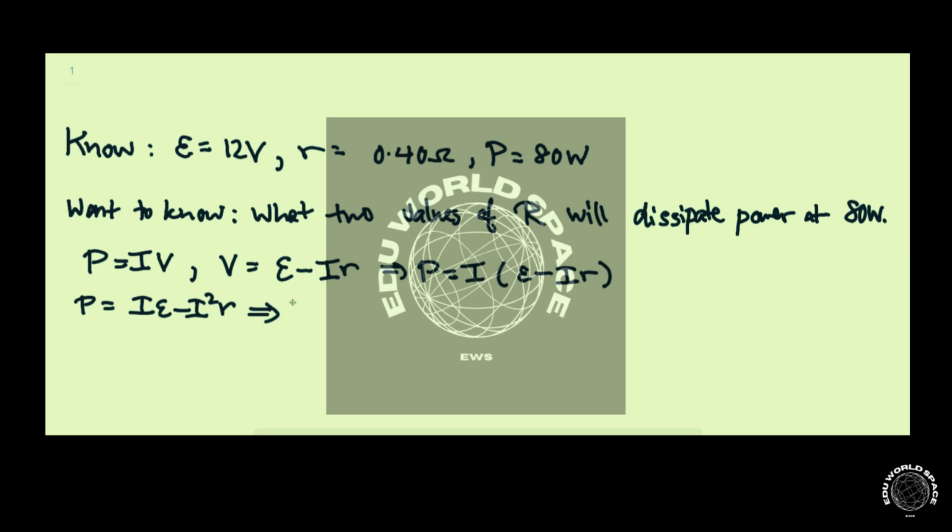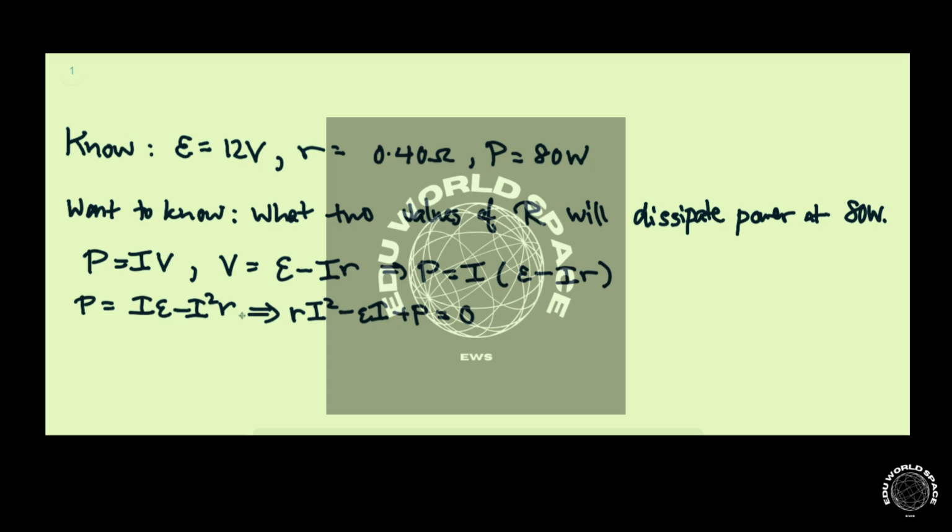And I'm gonna rearrange this in a different way so that it'll be more suggestive. So if I have R I squared minus E I plus P equals 0, this should remind you of a quadratic equation, right?